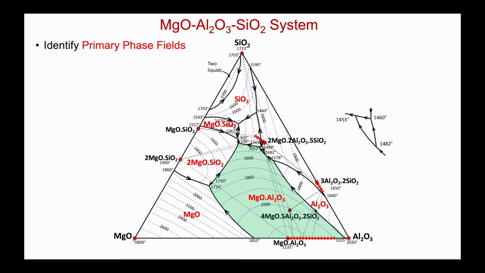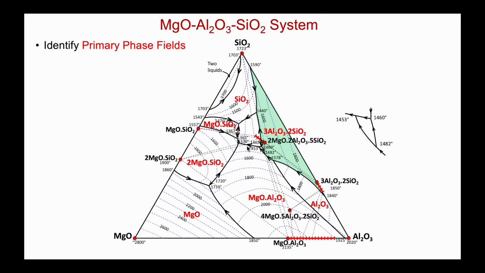We already know this region's Al2O3, so up here, just tracking back to this liquidus in the binary, it looks like it's a eutectic between 3Al2O3-2SiO2 and Al2O3 itself, and indeed that is the primary phase field in this region of mullite. So we've successfully identified the primary phase fields of all the binaries.